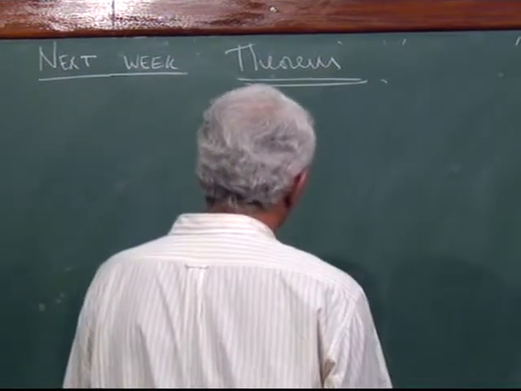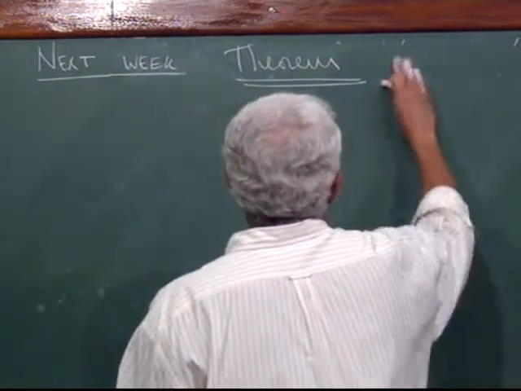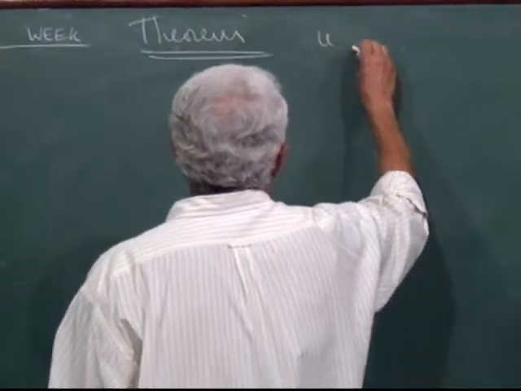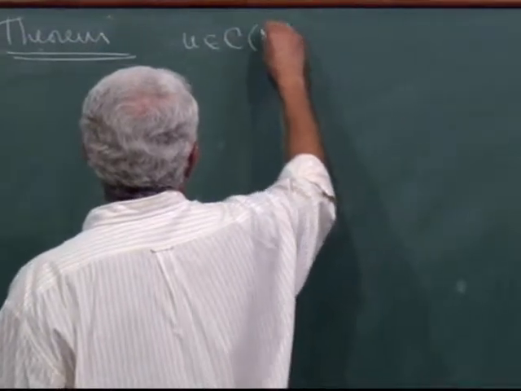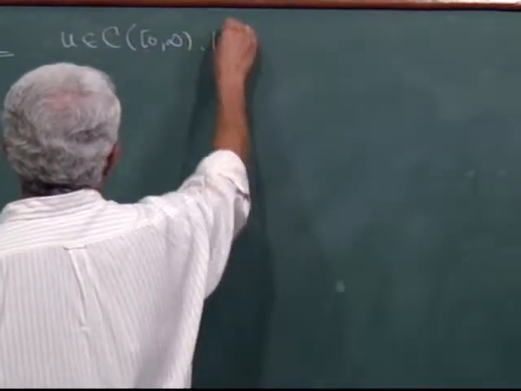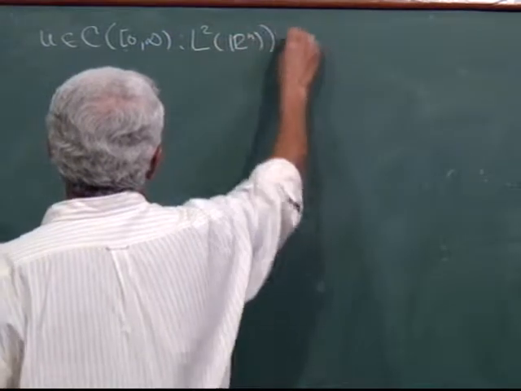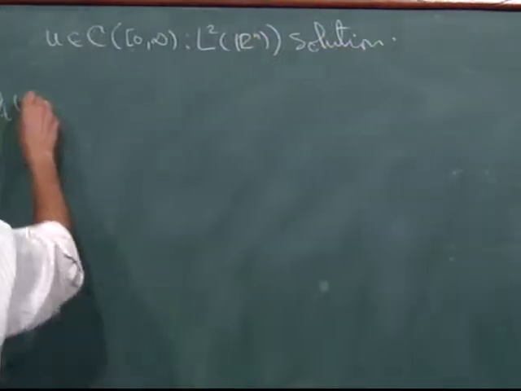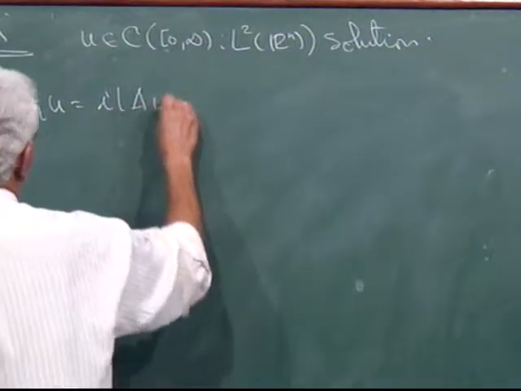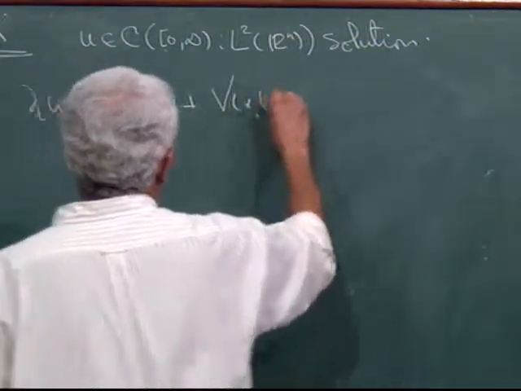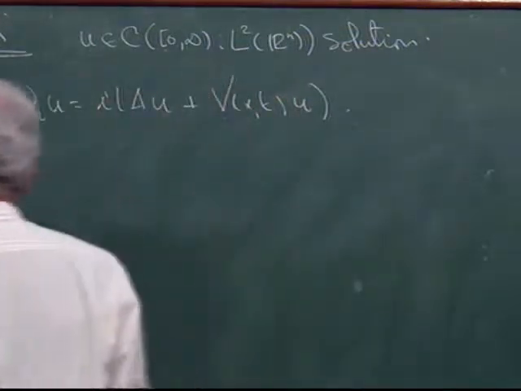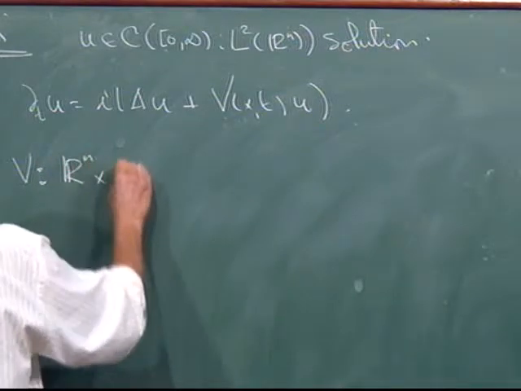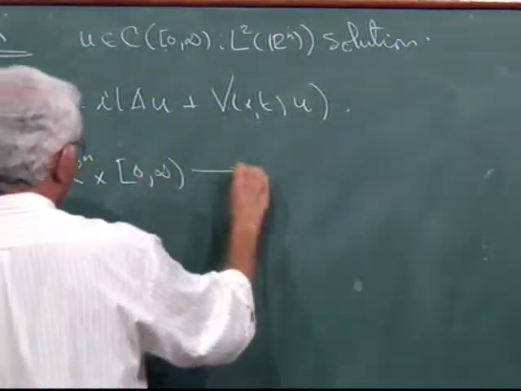Suppose that you have a solution of this one, that belongs to the continuous functions on 0 to infinity in L2 of R^n, solution of the same equation that you had before. Suppose that the potential B is real.